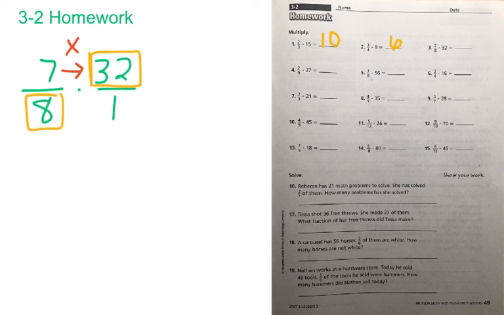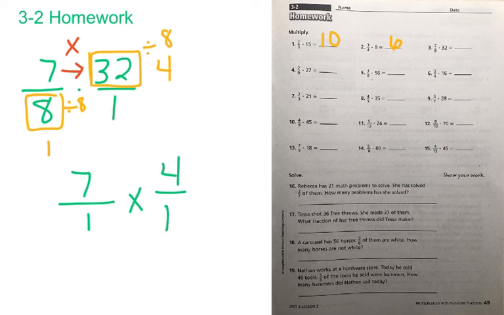So if I reduced and I took 8 divided by 8, here 8 divided by 8, that becomes a 1. And if I took 32 divided by 8, that becomes a 4. So now what my fraction reads is 7 over 1 times 4 over 1. And that makes your reducing a whole lot easier.